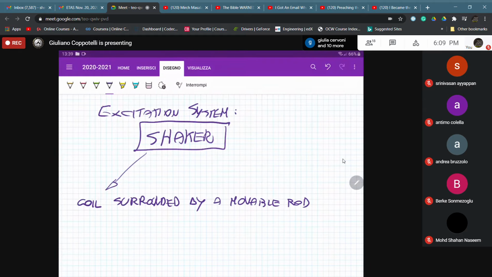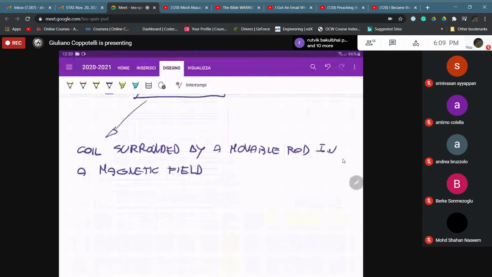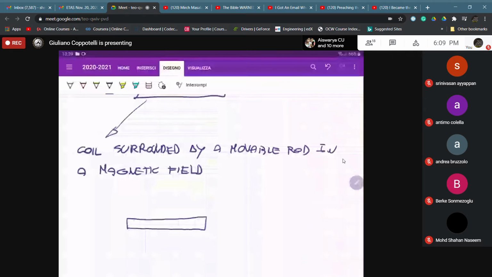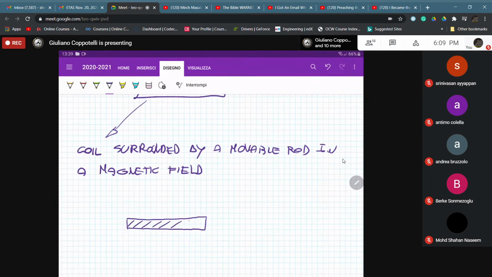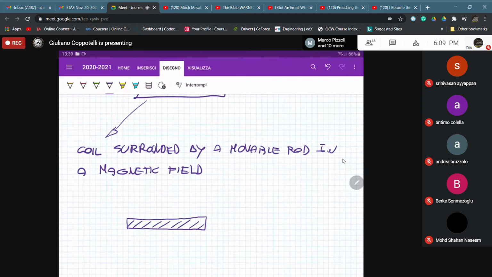Okay, that is operating in a magnetic field. For example, we are in this condition. This is your movable rod that is a solid electromagnetic material, just like, for example, steel. Then we have your coil.